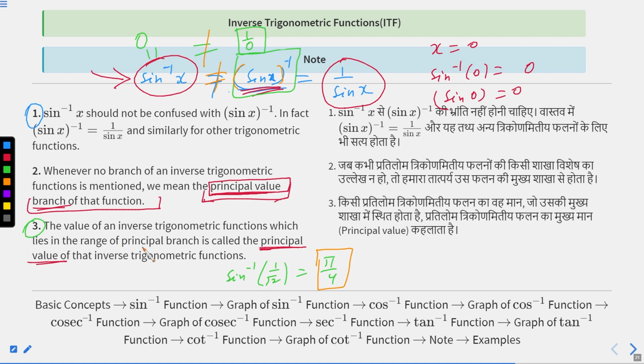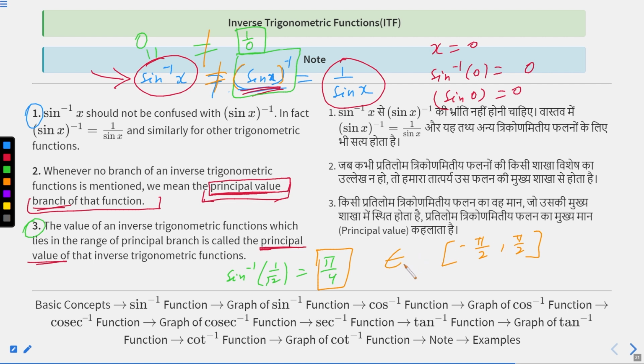As you can see, the principal branch for sine inverse, if you recall, is minus pi by 2 to pi by 2 closed interval. Yes, as you can see, this pi by 4 belongs to this interval.